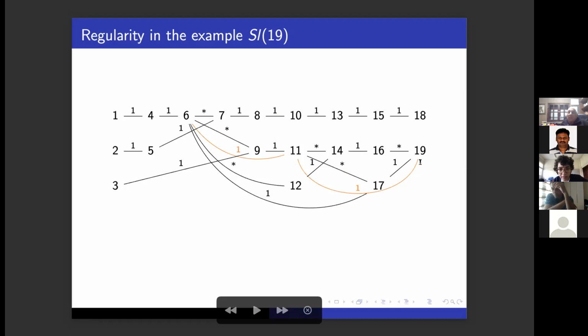In this new diagram, there is something quite disturbing: we have a cycle of lines labeled one. So we have 6 goes to 11, 11 goes to 19, 19 goes to 17, 17 goes to 6, and this is a cycle. This cycle in a way crushed our hopes a little bit, and I will explain why.